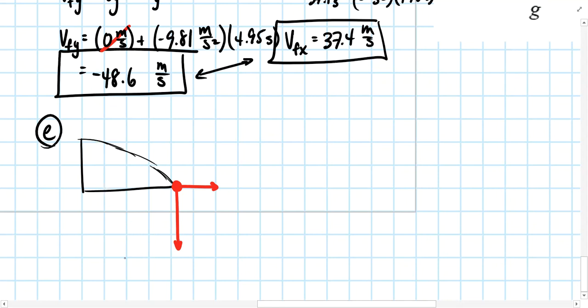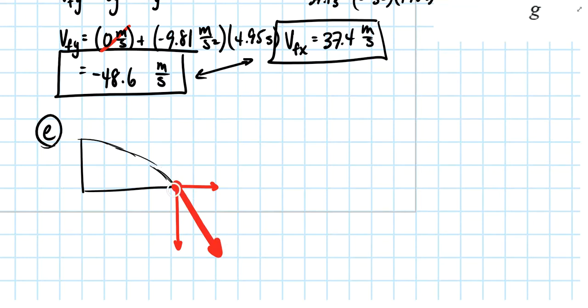And here again is why we call this 2D kinematics. We now have direction horizontally and vertically. What we're particularly interested in right now is the result of those two motions, because that will describe this angular direction, if you will. Maybe angular is not the right word, but this diagonal direction.